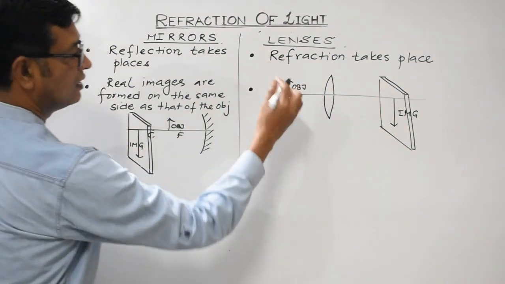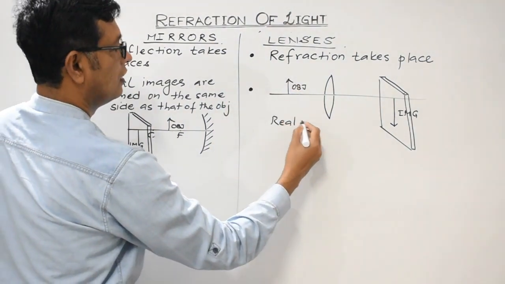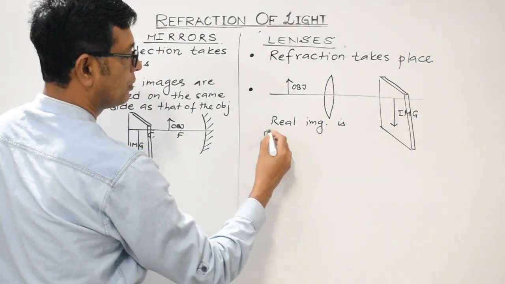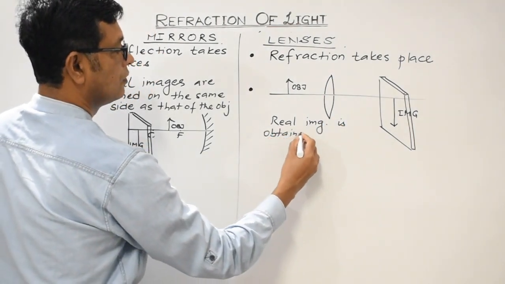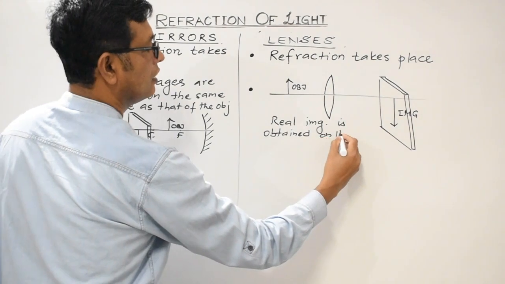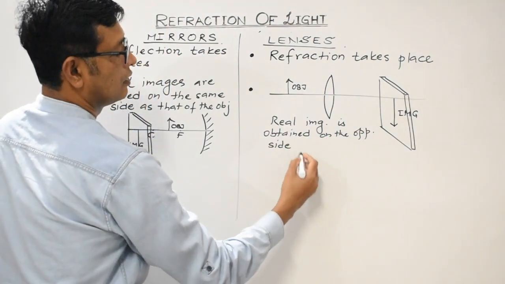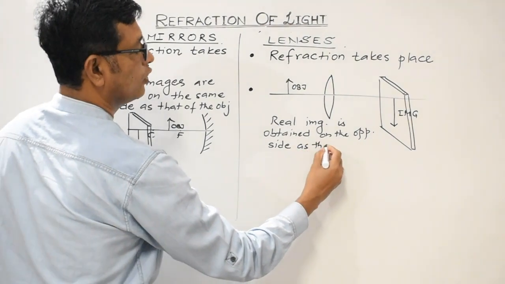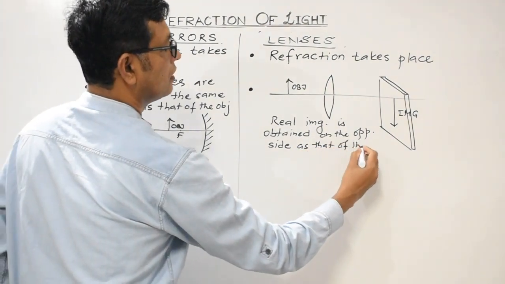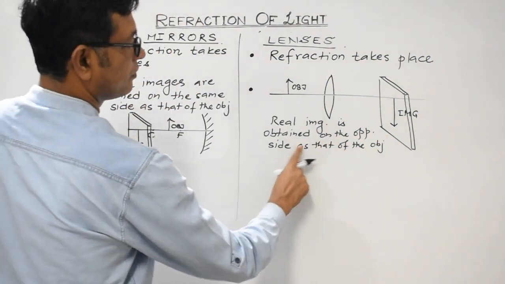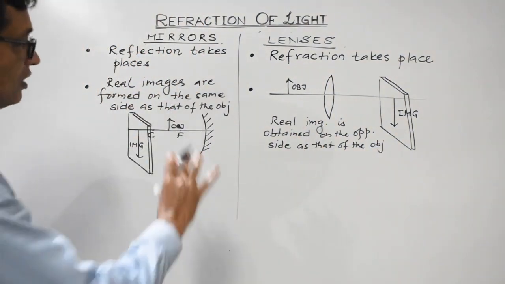In the case of lenses, real image is obtained on the opposite side as that of the object. Right? So this is the basic difference.